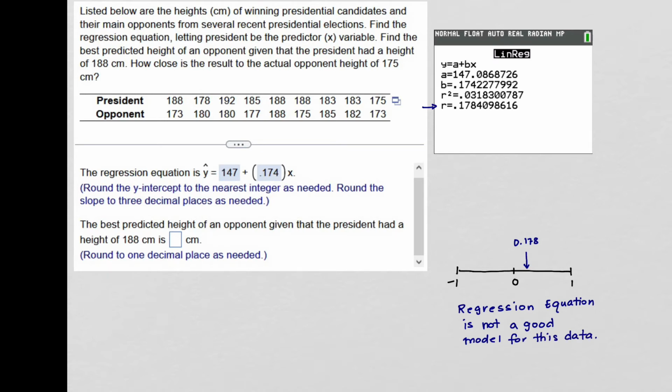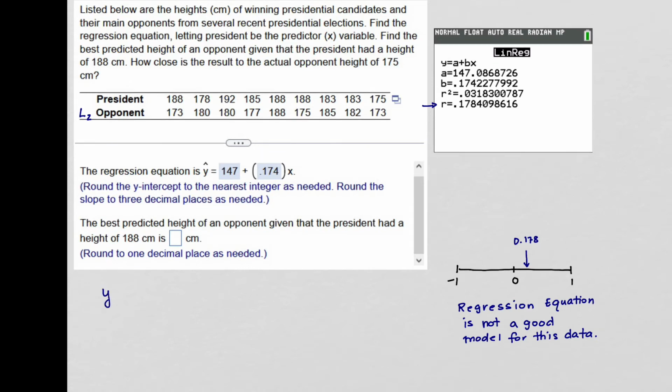So if the regression equation is not a good model for this data, then what I do is I find the mean of the y values. So that was list 2. Those are my y values. And I'm going to find out what is y bar, and that's the value that I'm going to make my best predicted height. So how do I find y bar?